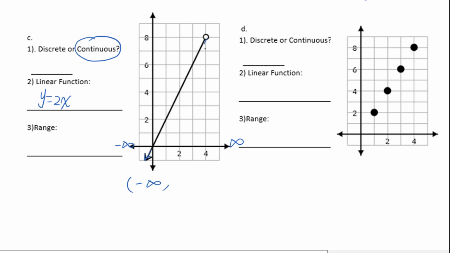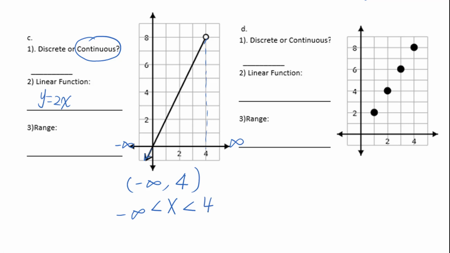The very right point is 4. So 4, open parentheses. Let's write down the inequality way. This is x. Write down this symbol first. Left side will be negative infinity, right side is 4. Then we cross this out. You will have x less than 4.